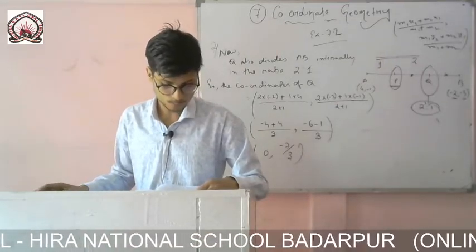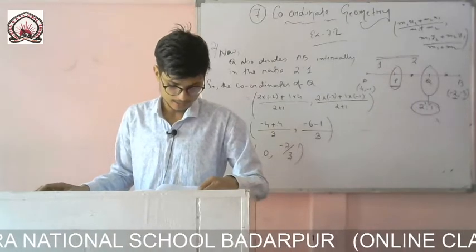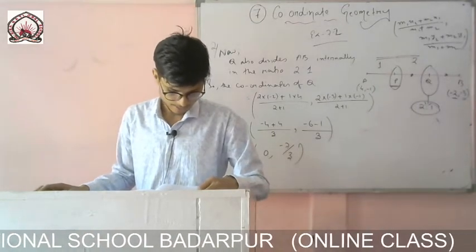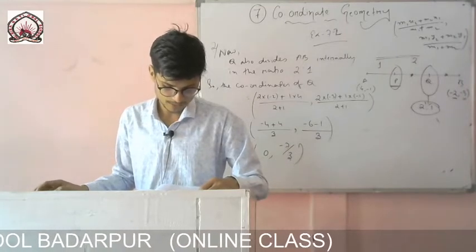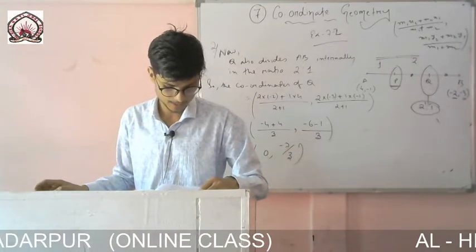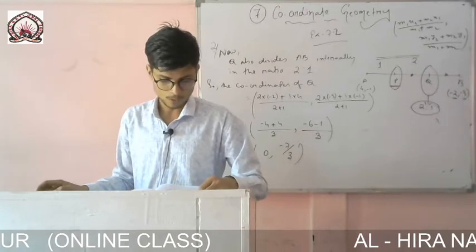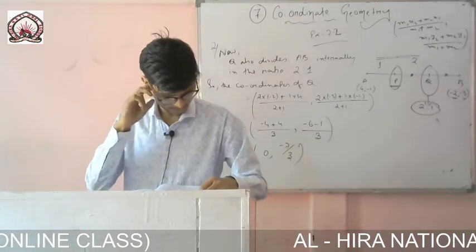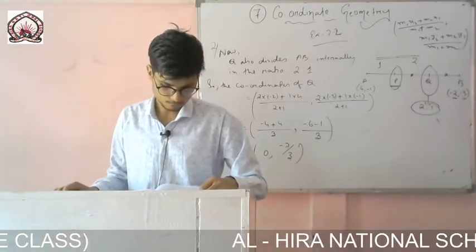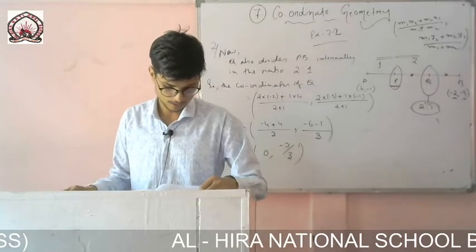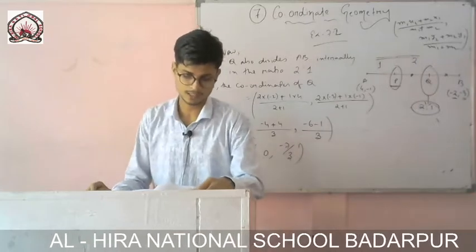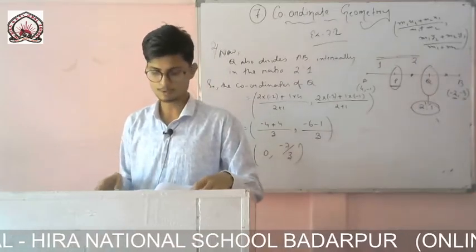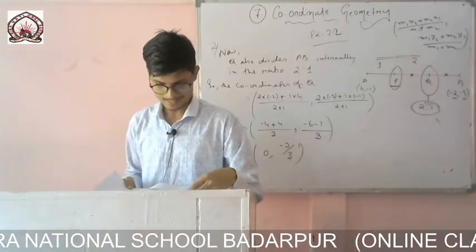Niharika runs 1/4 of the distance AD on the second line and posts a green flag. Padma runs 1/5 of the distance AD on the 8th line and posts a red flag. What is the distance between both the flags? And if Rashmi has to post a blue flag exactly halfway between the line segment joining the 2 flags, where should she post her flag? So this is the question.